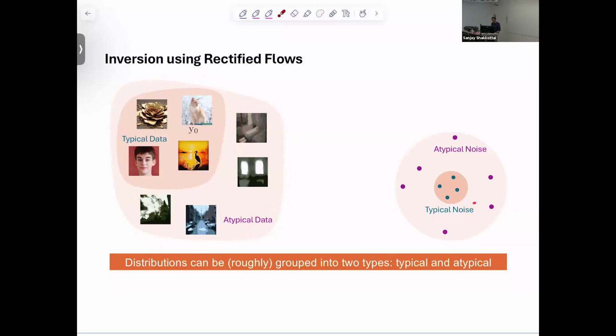And on the noise side, again, you can think of typical Gaussians and sort of close to typical Gaussians, but atypical Gaussians. And presumably, the coupling that you have learned by conditional flow matching or whatever is going to couple these things to things here and these things to things there. Okay, roughly.